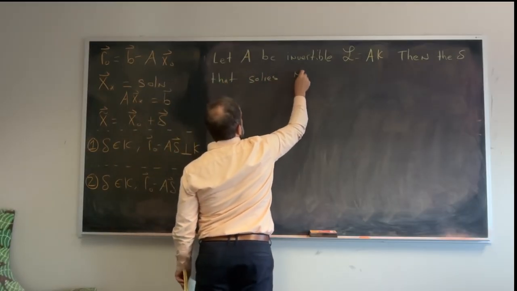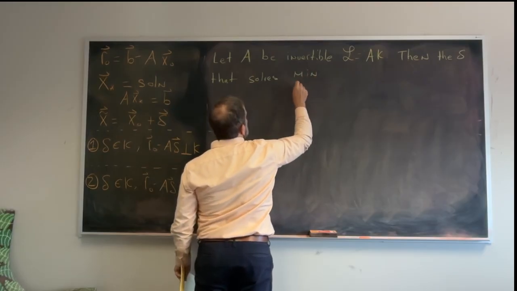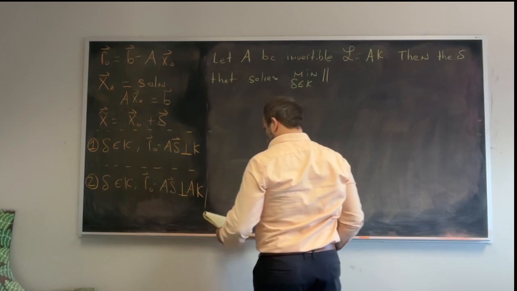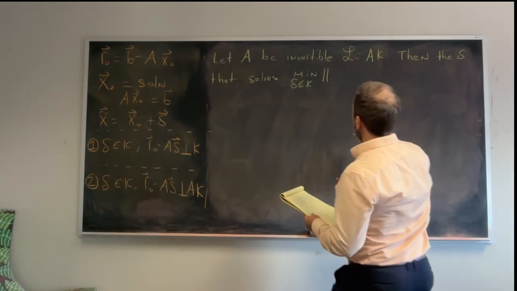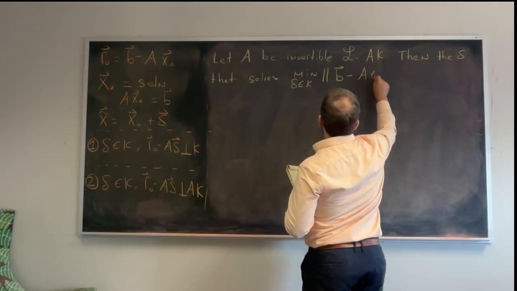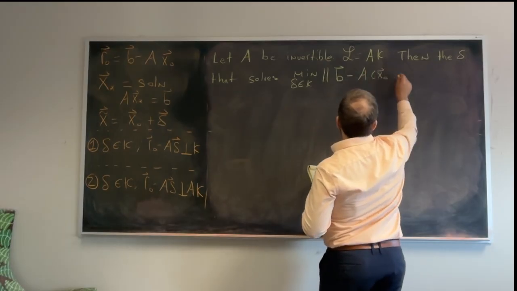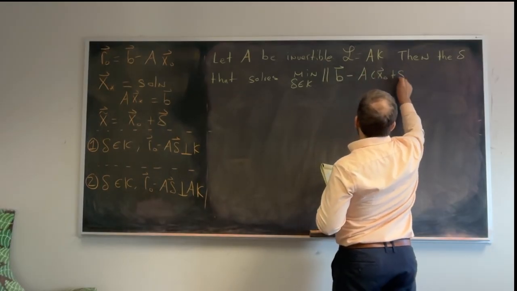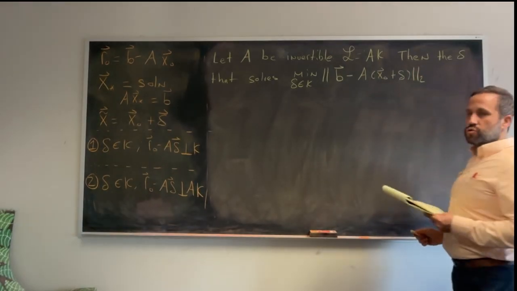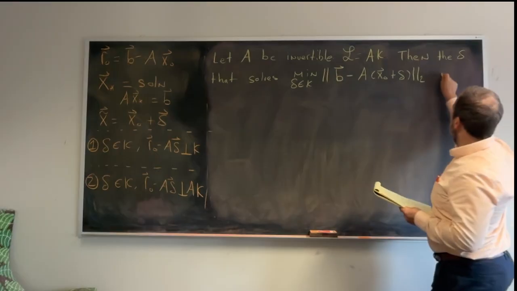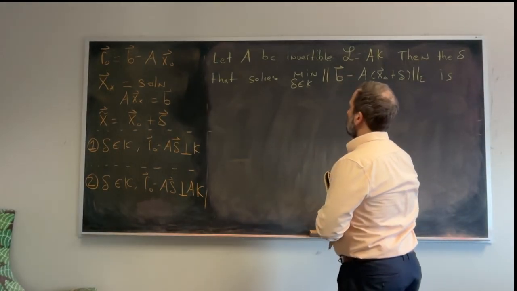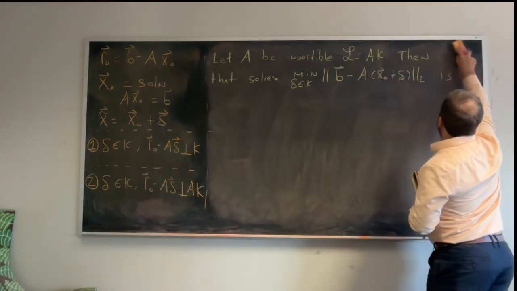Then the delta that solves the minimum over delta in K, and now we are going to look at something closer to the residual, B minus A times X naught plus delta, in the standard 2 norm. Let me say this as an if and only if statement.